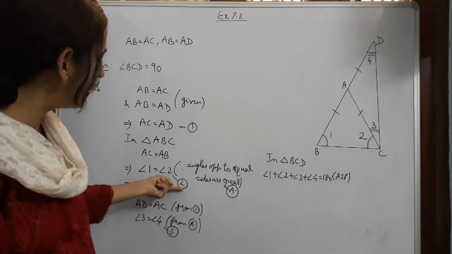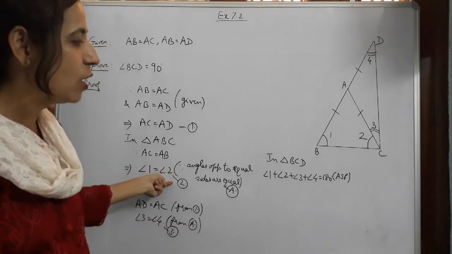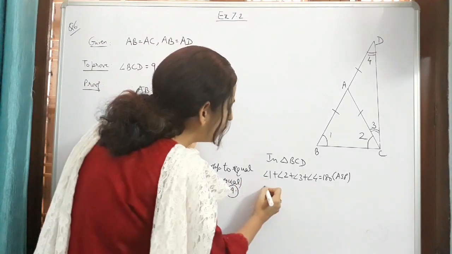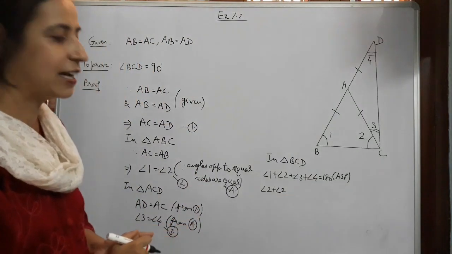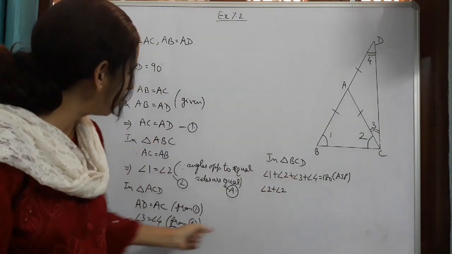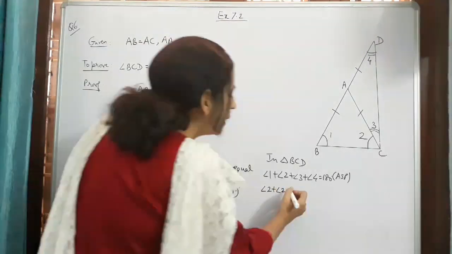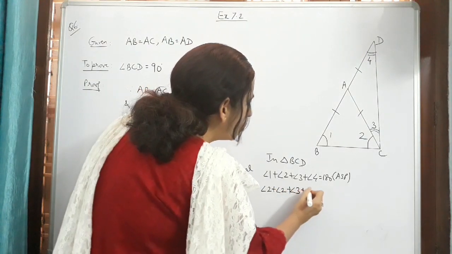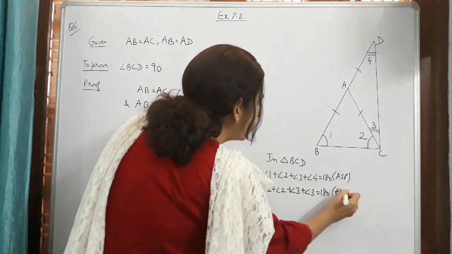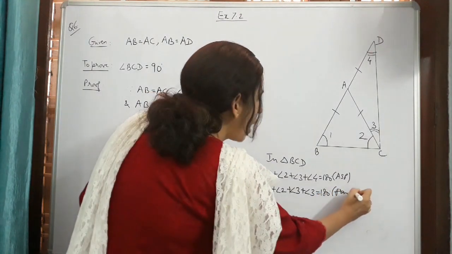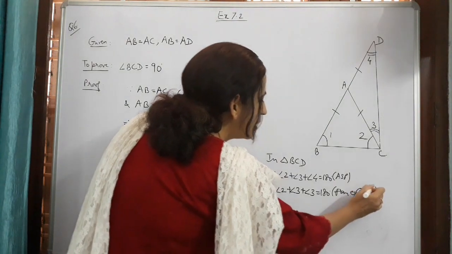But from equation 2, angle 1 is equal to angle 2. So in place of angle 1 we write down angle 2. So this becomes angle 2 plus angle 2. Now from equation 3, angle 3 is equal to angle 4. So in place of angle 4 we write down angle 3. From equations 2 and 3 we obtain this.